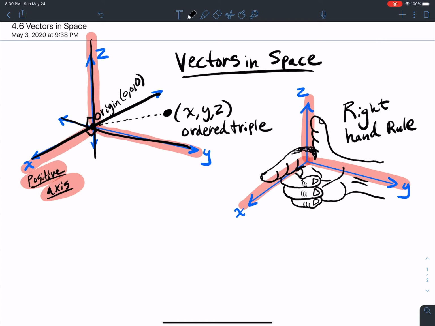So we associate with each point P an ordered triple of real numbers, the coordinates of P. For example, the point 2, 3, 4 is located by starting at the origin and moving 2 units along the positive x-axis.